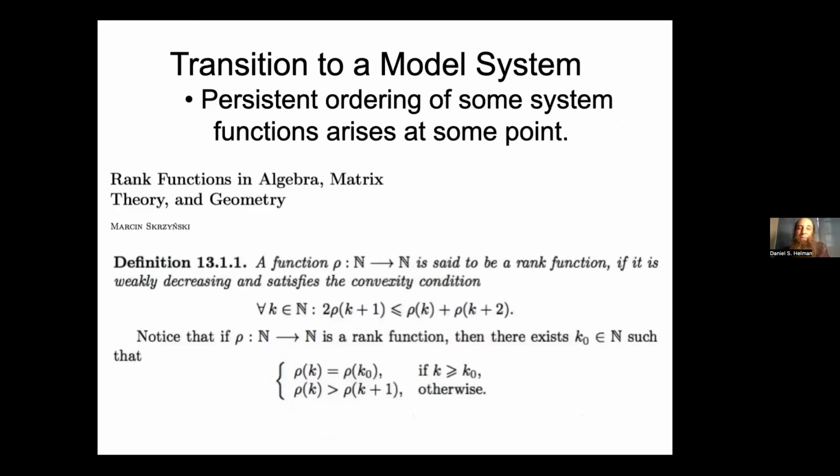So one of the nice things about an ordering function is that it can be used to maintain the stability of a system. But that would only exist in a model like a mathematical model.